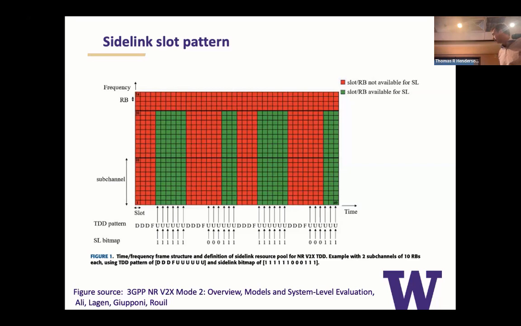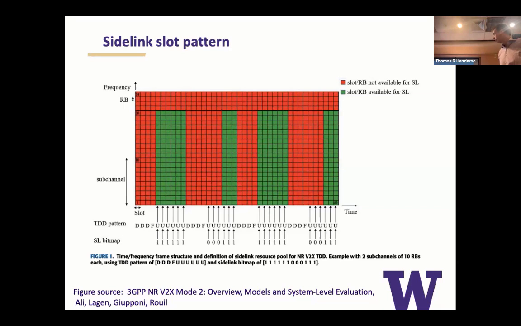So if you look at the way that this is expressed in the standard, you'll see a bitmap pattern where if there's a 1 associated with an uplink slot, then that means it's eligible for sidelink. And if there's a 0, that means this is just strictly an uplink allocated slot.